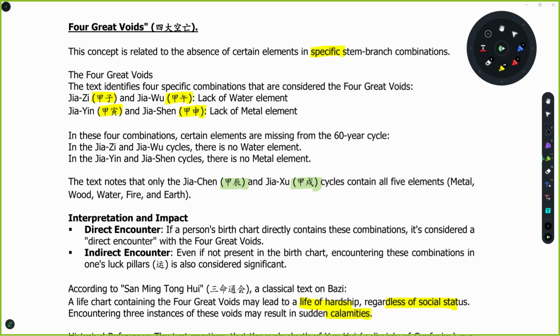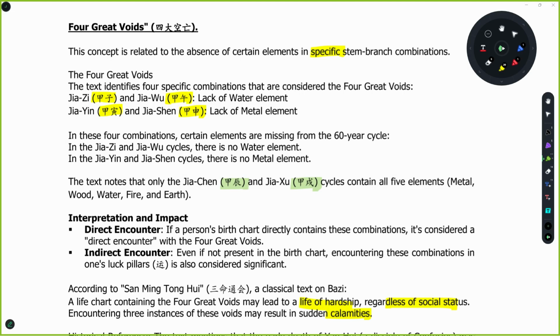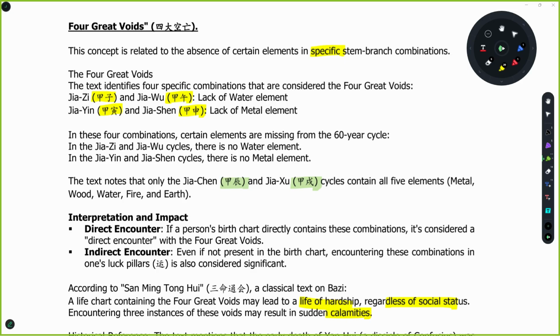And then as we look into the second one, Jia that is here, then we consider that sometimes the element is considered to be missing. Therefore, we may say that these are elements lacking. And so it's a bit difficult.